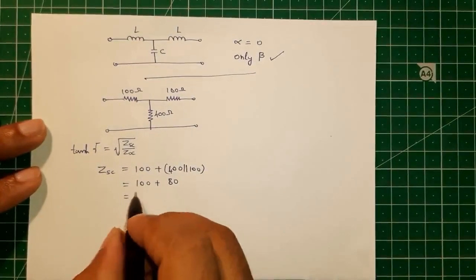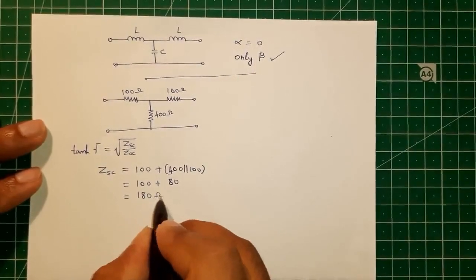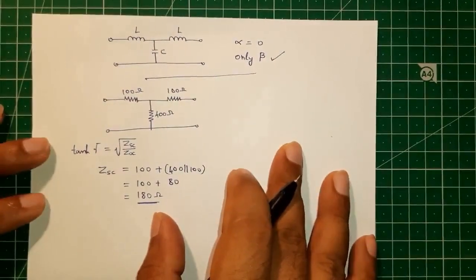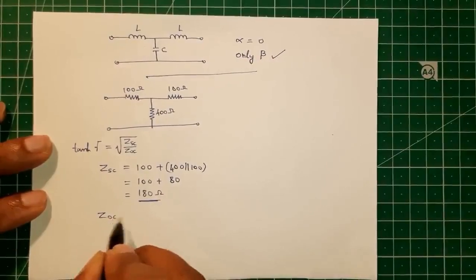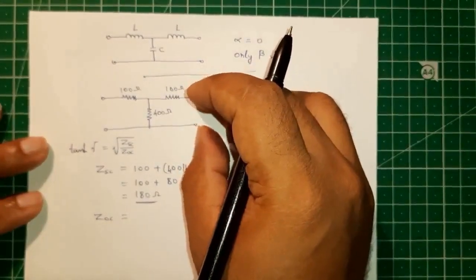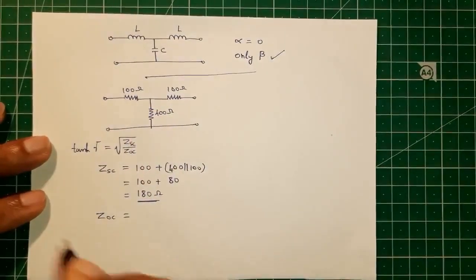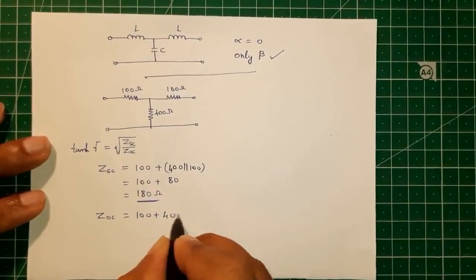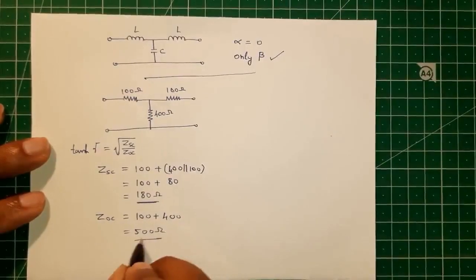So the short circuit impedance ZSC will be equal to 180 ohm. What about the open circuit impedance ZOC? So we will open this. So the impedance will be this impedance in series with this impedance. So it is 100 plus 400, which is equal to 500 ohm.